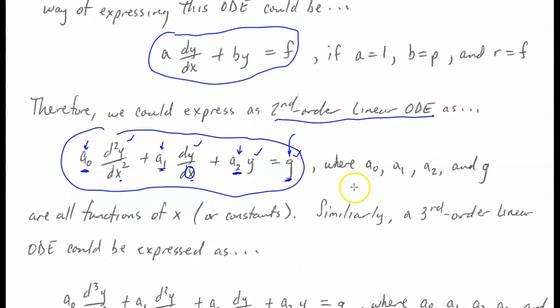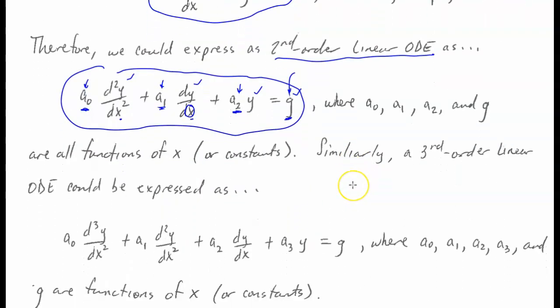Okay. Of course, a third order linear ODE kind of follows suit. We've got third derivative, second derivative, first derivative, no derivative. And all of these coefficients that you see here on the left are either constants or functions of the independent variable, which we're just calling x. And this function g could either be a function of x or a constant as well.